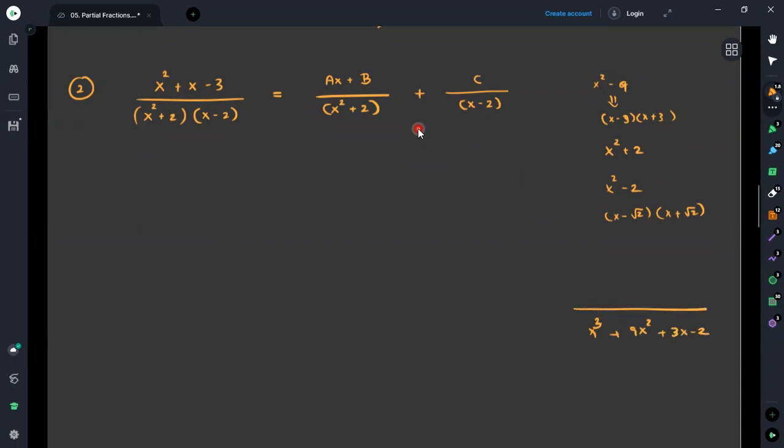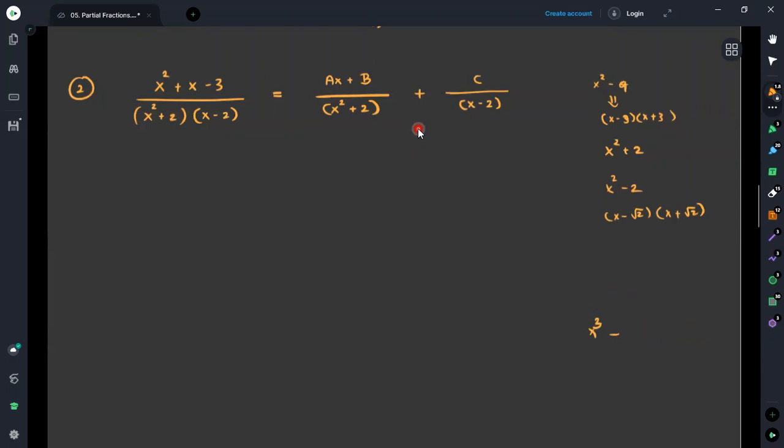In this situation also, the highest order polynomial that we can have in the numerator is x squared, a quadratic polynomial with degree 2: x squared plus bx plus c. Therefore, this is the highest order polynomial that we can have in the numerator if we have a cubic polynomial in the denominator.